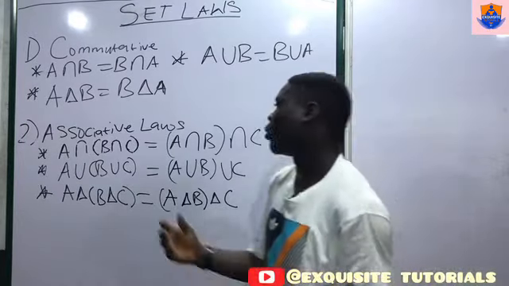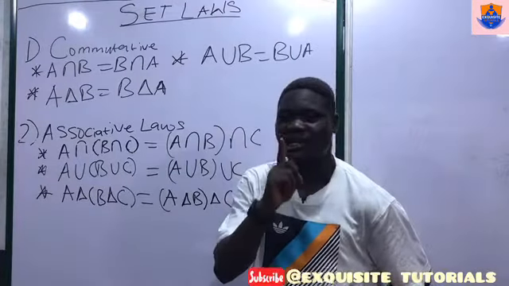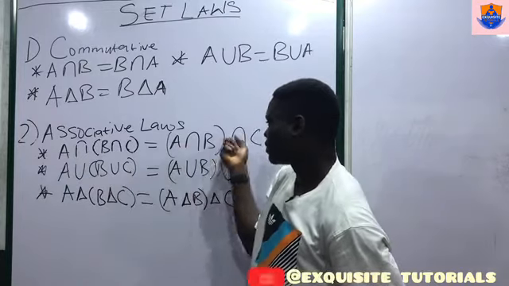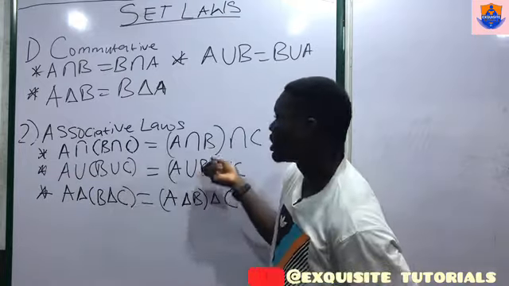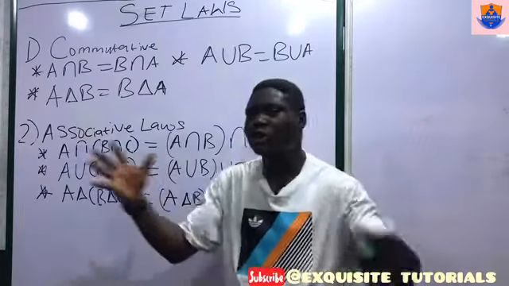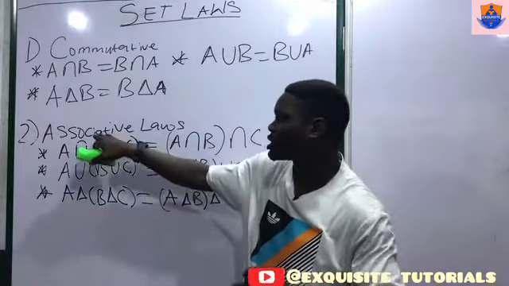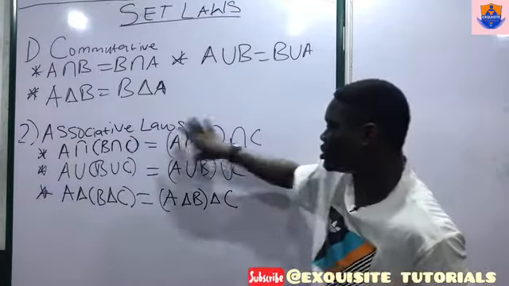In associative law, we are comparing 3 sets and we are using one set operation at a time, in the sense that we have intersect, intersect. So we are working with one operation at a time. That's what associative law is all about. If one operation is versatile enough for you to change the grouping, that is what associative law is all about. So we want to verify if this is this.